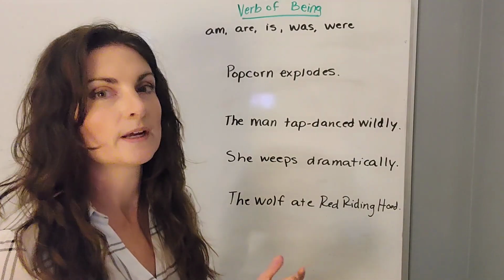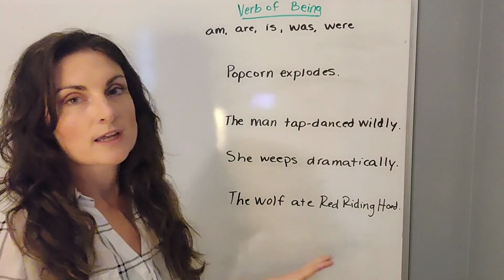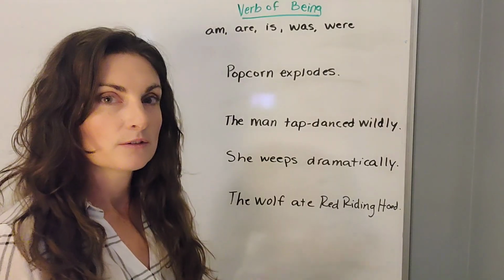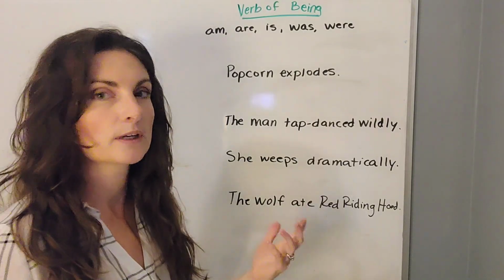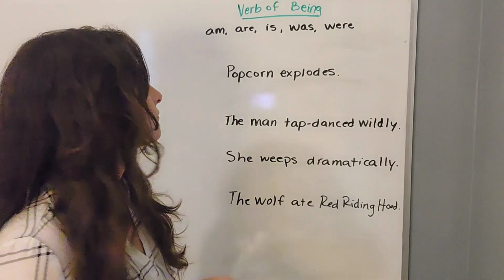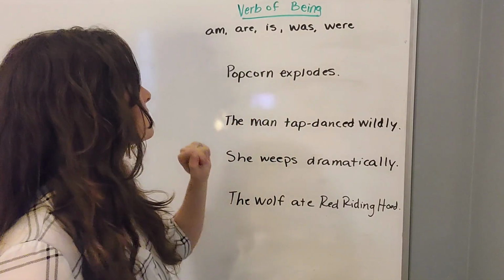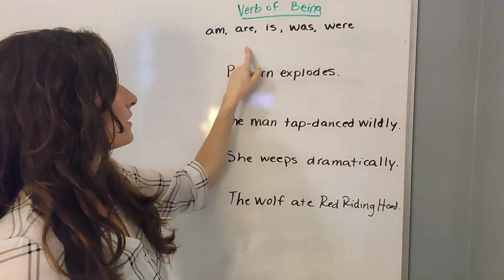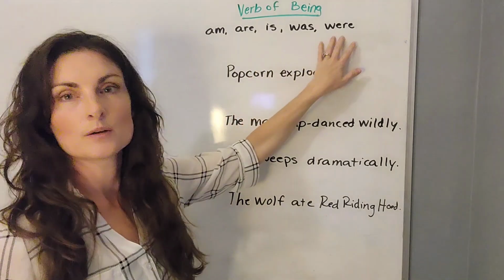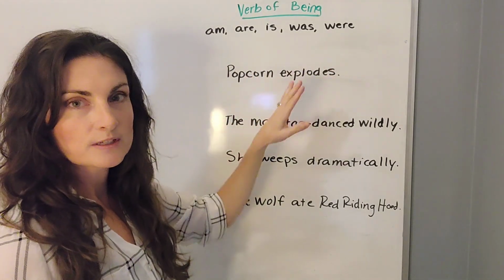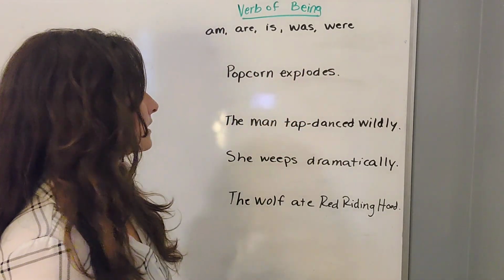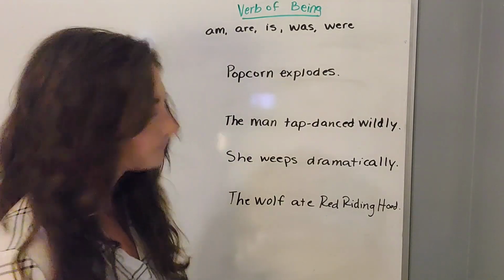So we're going to be pulling from that actually. So just to recap, and even for those who didn't do that, we'll help you figure it out too. The verbs of being that we're going to be using in our sentences are am, are, is, was, and were. So these are our options that we're going to be choosing from when we translate these sentences.